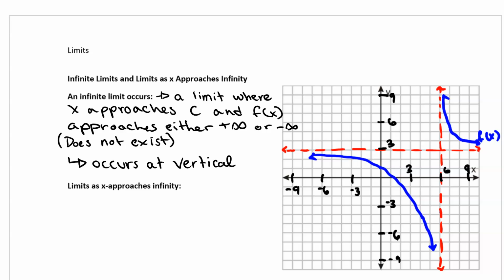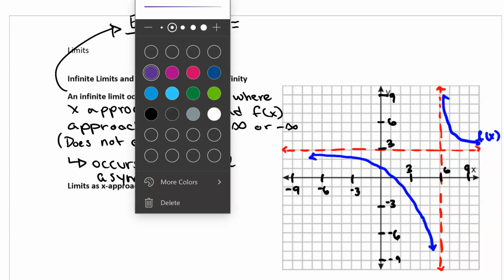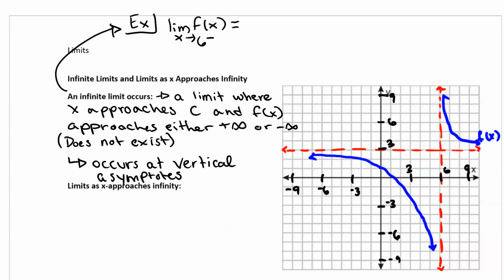And it would appear I should have given myself a little more space here. All right, but for example, if we're looking at this graph on the right-hand side, if we look at the limit as x approaches 6 of f of x from the left-hand side, well, as we approach 6 from the left-hand side, we're on this piece and we go down forever.